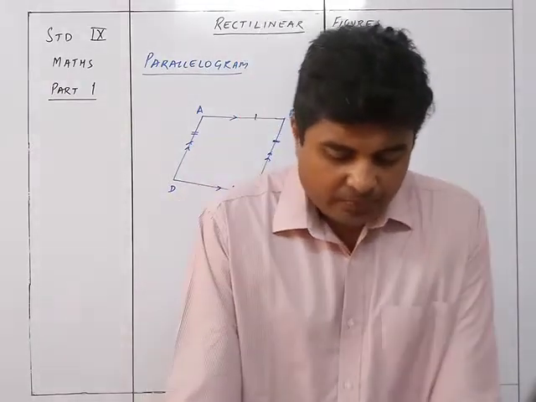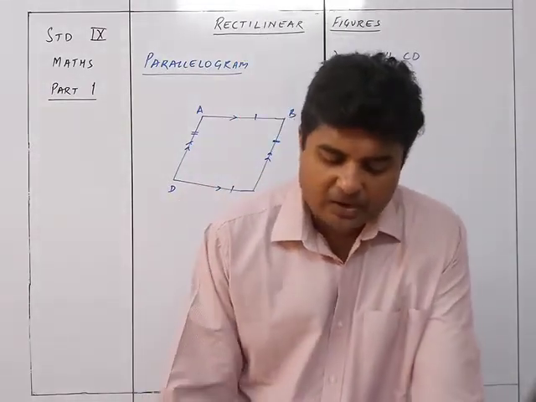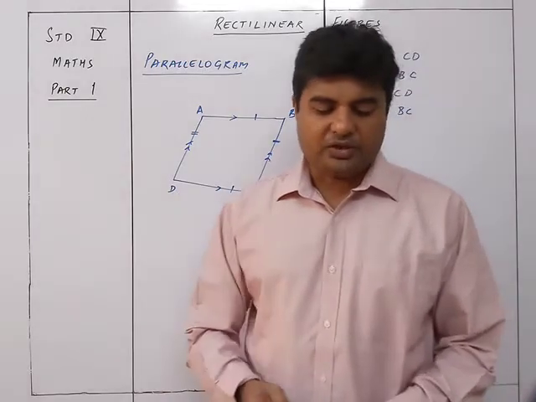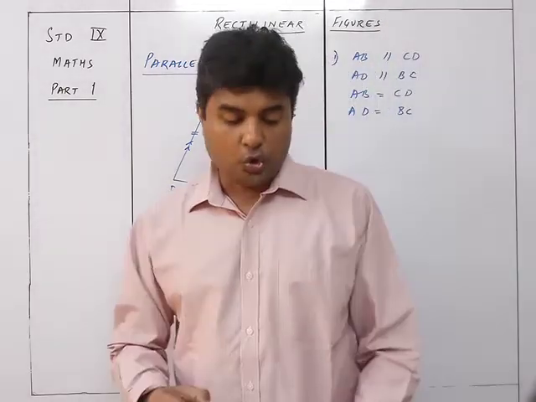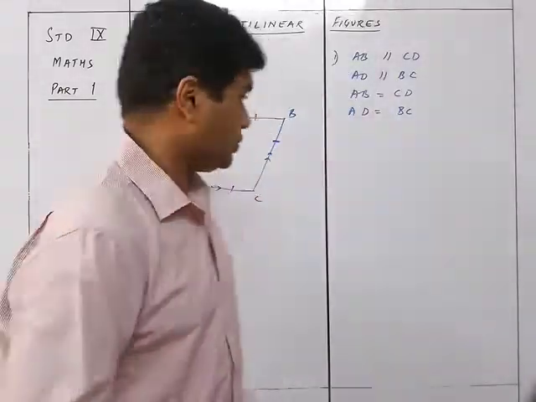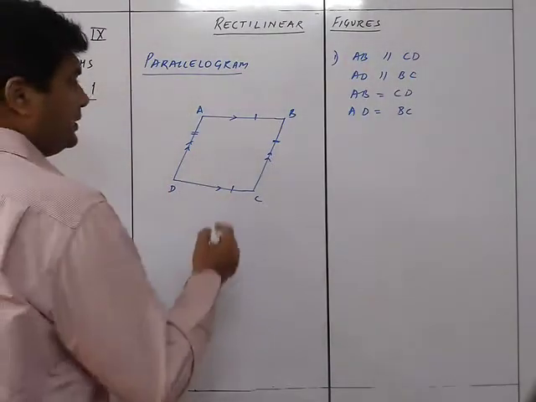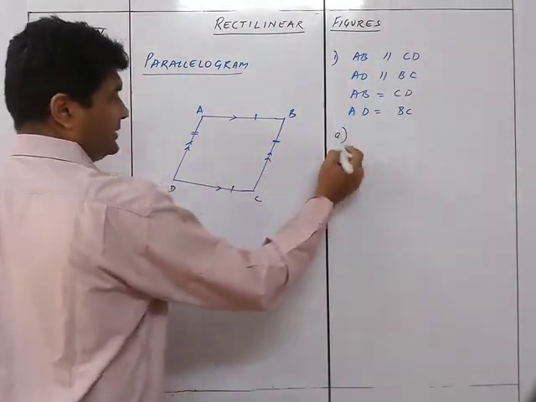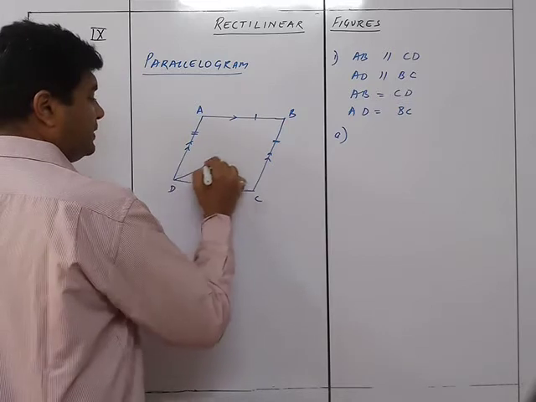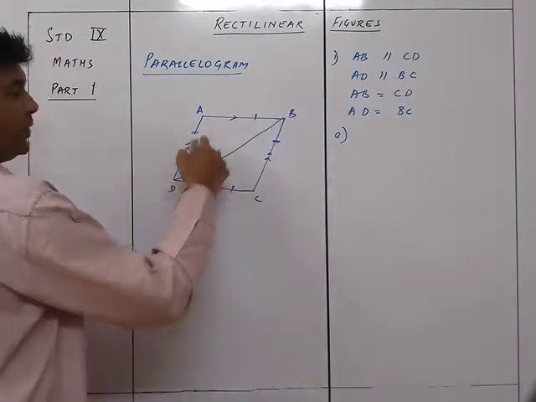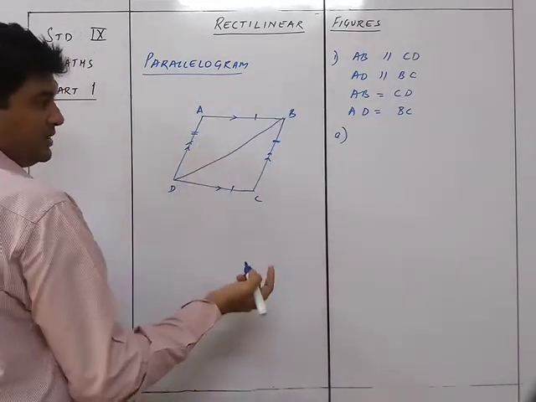The first theorem in parallelogram is that the diagonals of the parallelogram divide it into two congruent triangles. So the first property over here is that a diagonal which is drawn over here is going to divide this into two congruent triangles.